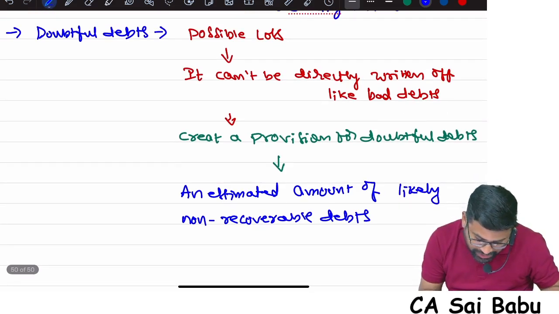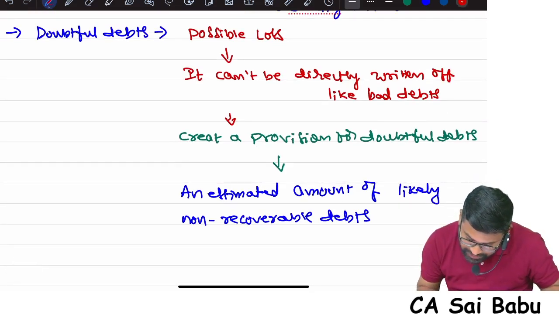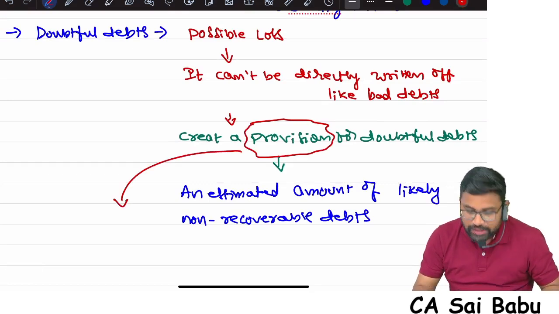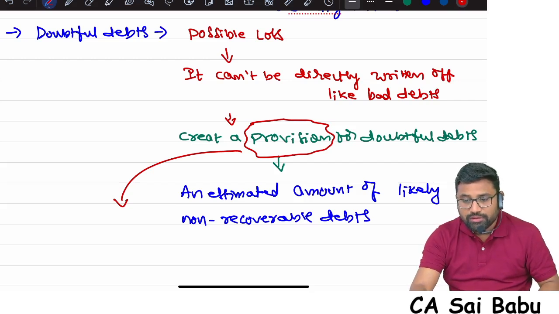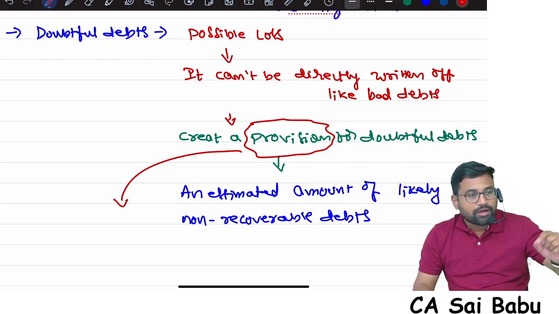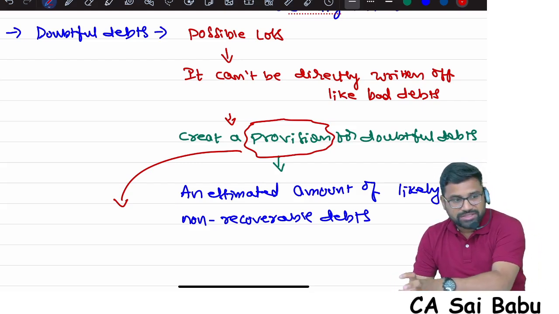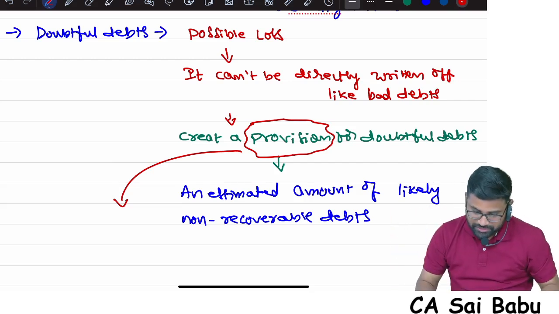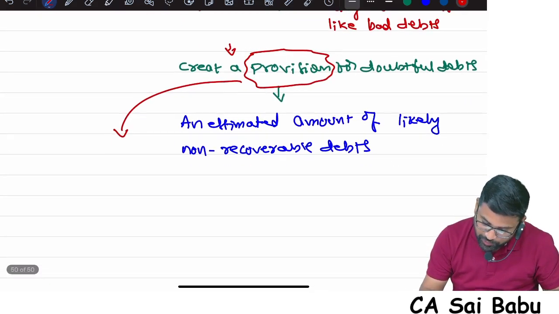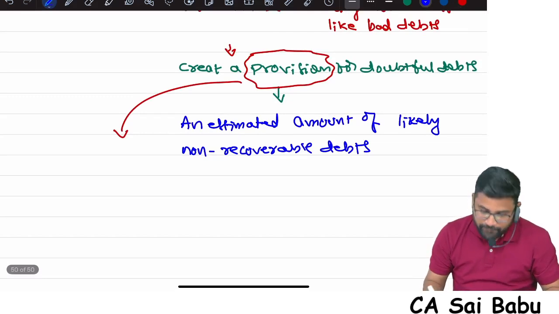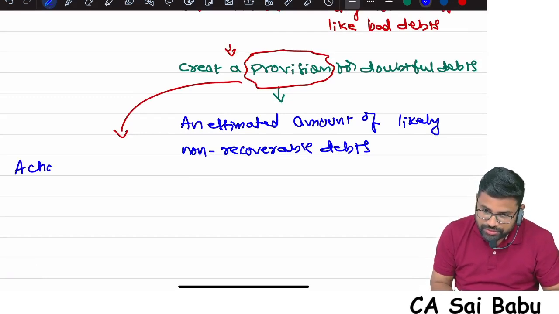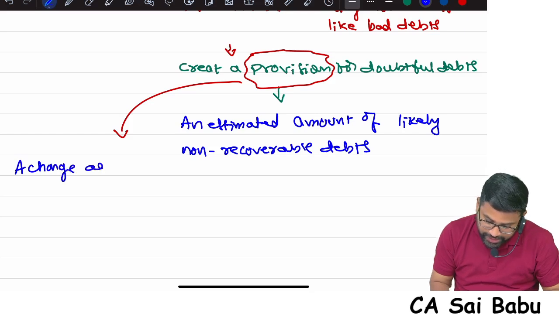And now the question arises, sir, what is this provision all about? Sir, provision, as I told you, is a charge against the profits. It is created against the profits. So what is provision, sir? A charge against profit.